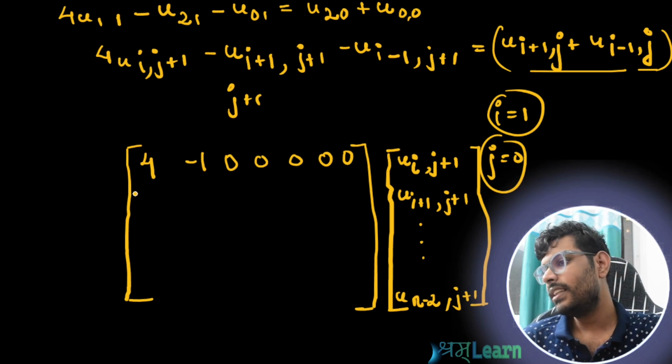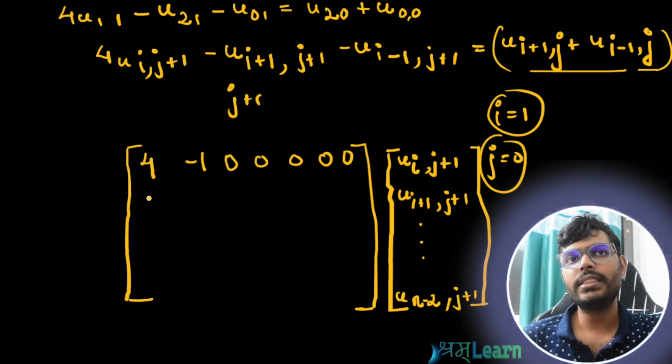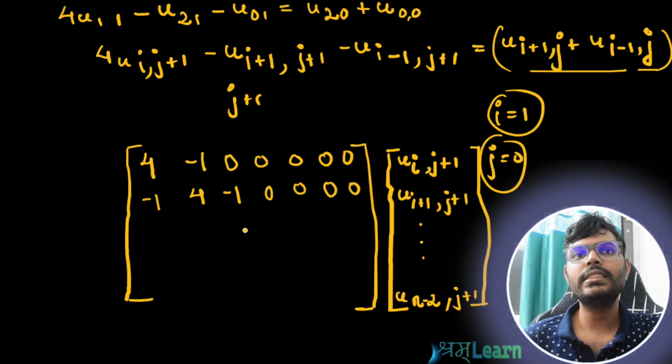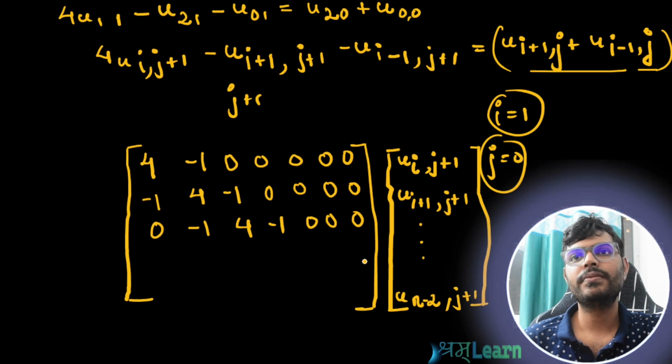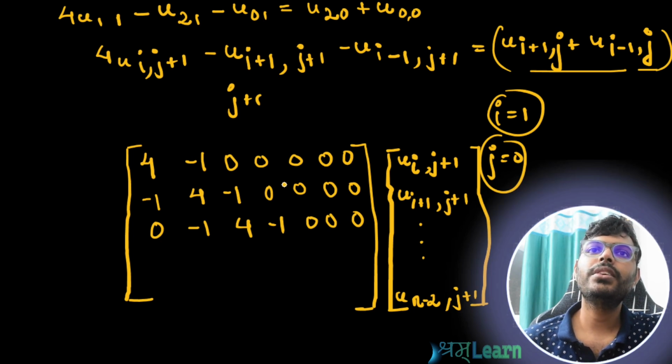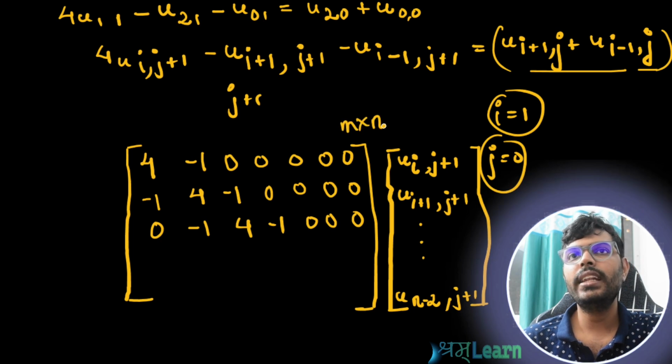Similarly, I can fill the second row here. Second row is going to be, you have to take my word for this, but if you solve the equation, you will understand why I have written it like this, all zeros, right? So we have to have this as m cross n, and this has to be n cross 1.